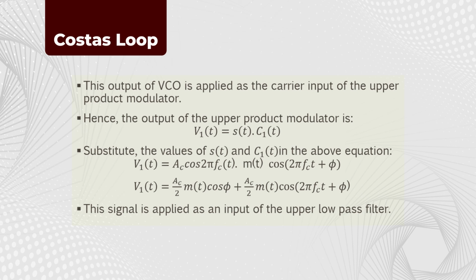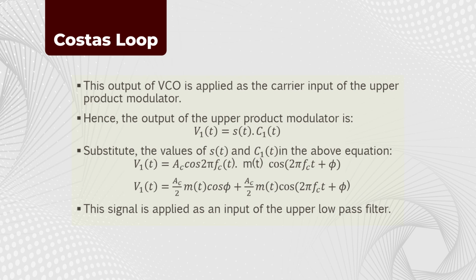Substitute the values of s(t) and c1(t) in the above equation, then v1(t) = Ac cos(2πfct) · m(t) cos(2πfct + φ), or it can be written as v1(t) = (Ac/2) m(t) cos φ + (Ac/2) m(t) cos(4πfct + φ).